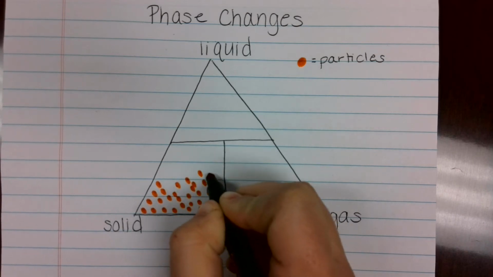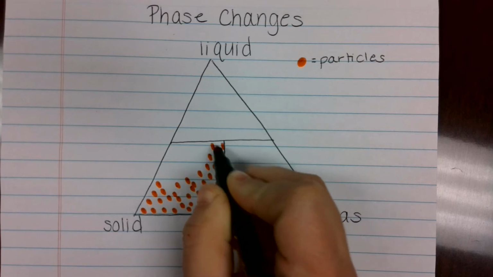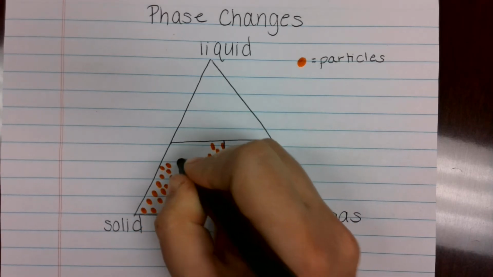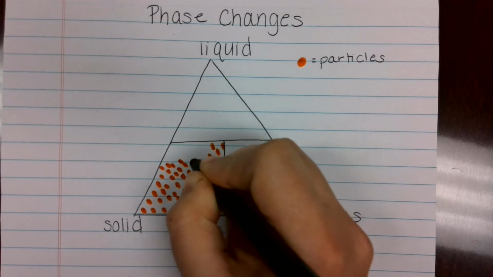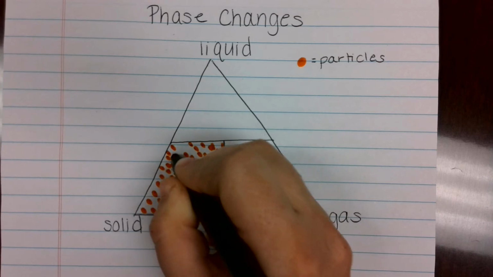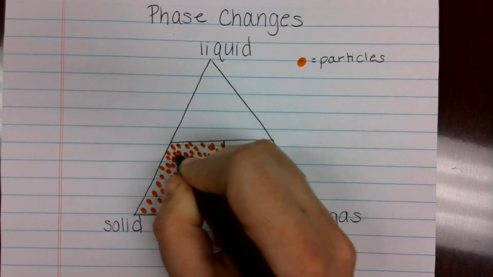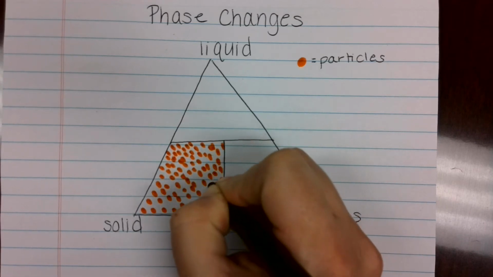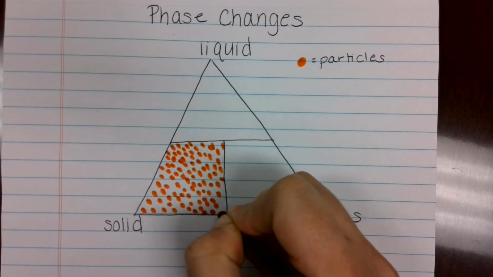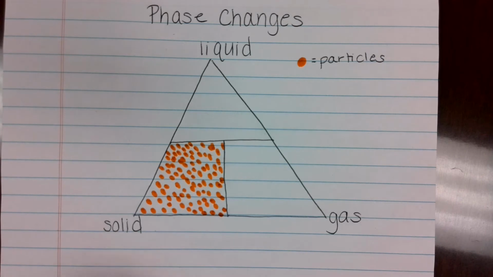And so when you draw the particles in your solid, you want to make them pretty close. Most of the time they're touching. For this purpose, we're not going to make all of them touching just because it'd be a little bit more difficult to see. But you want to know that the particles are really close together. They're what we would call very dense.